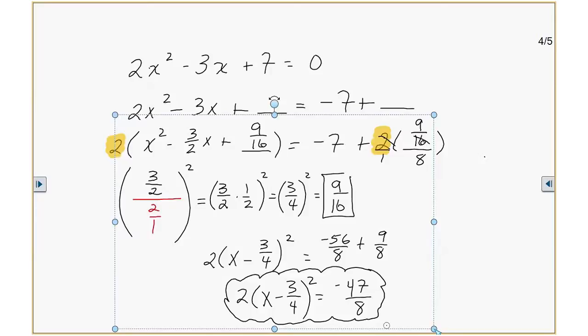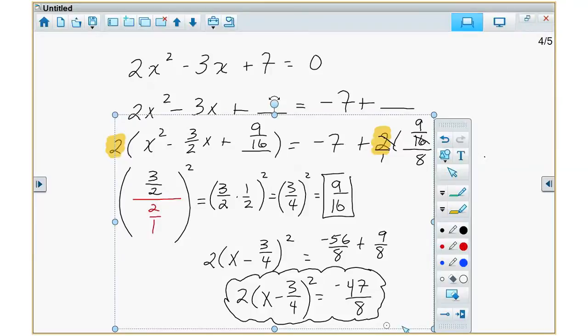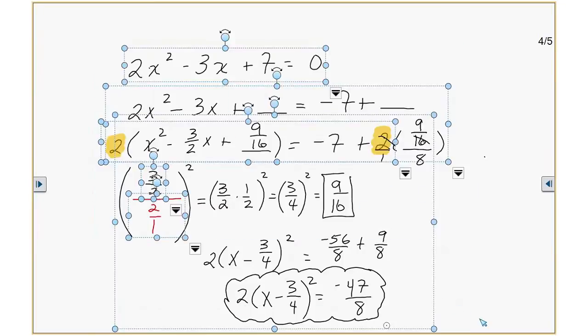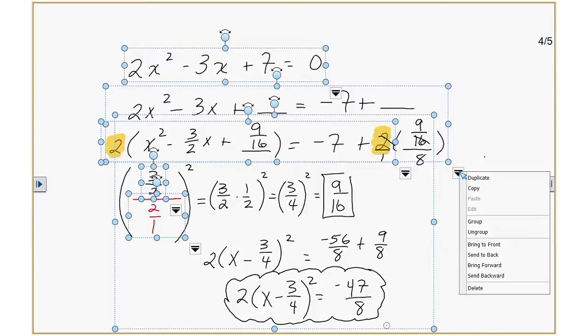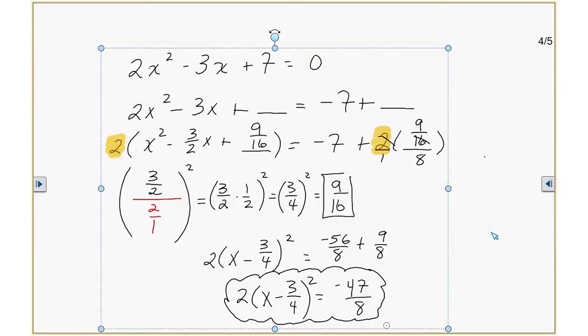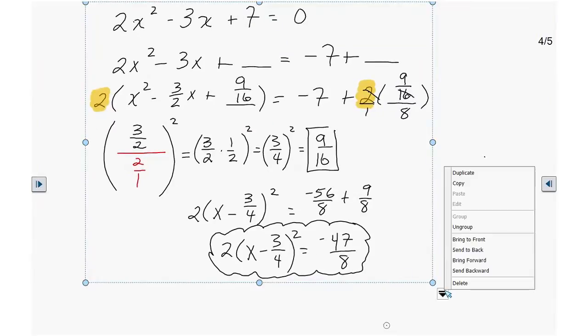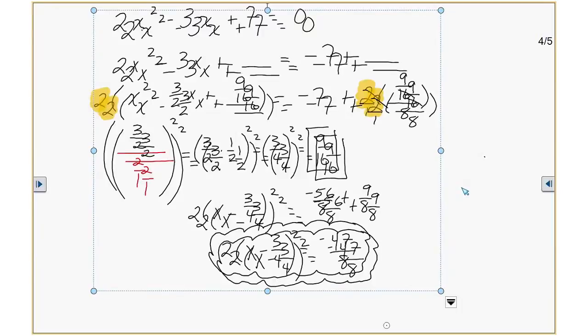I guess it's disappeared. It's supposed to be a box on here. Here it is. Oh, box disappeared from me. There it is. Copy.